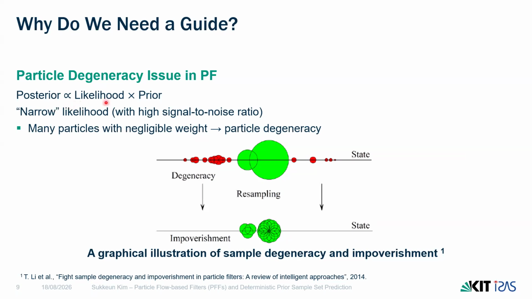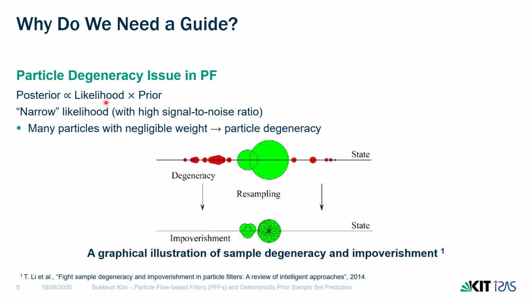But the problem is when the likelihood itself is quite narrow, and the overlap between the prior and the likelihood is small, then the prior samples will degenerate. As you can see in the top figure, the red ones are degenerated particles, and only two samples in this case remain for the next time step.